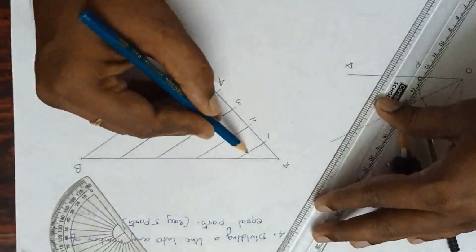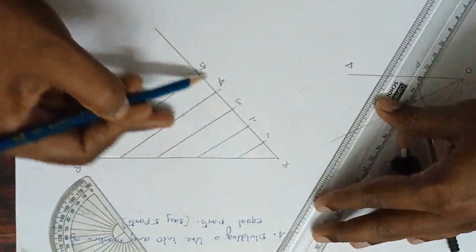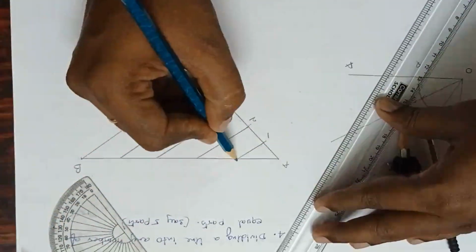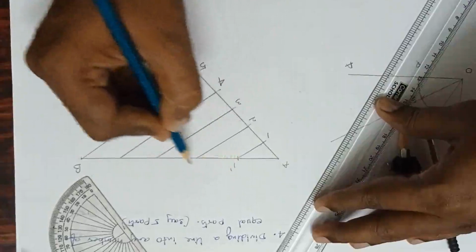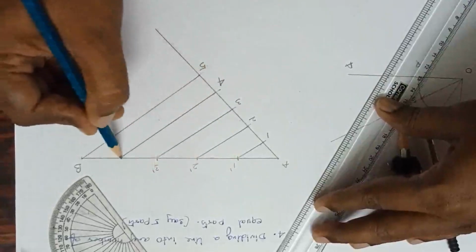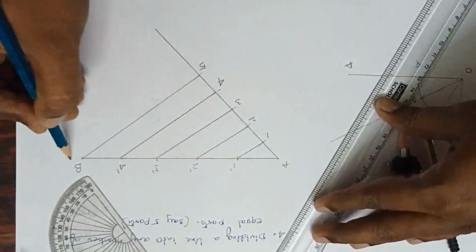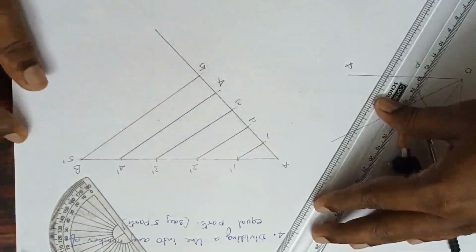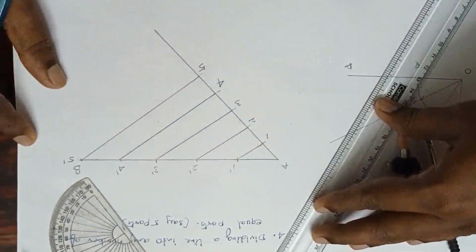Because all are parallel and because all these are equal, you will get equal parts here. Now this is 1 dash, this is 2 dash, this is 3 dash, 4 dash, and B itself is 5 dash. So I have divided this line AB into 5 equal parts. How I have divided?